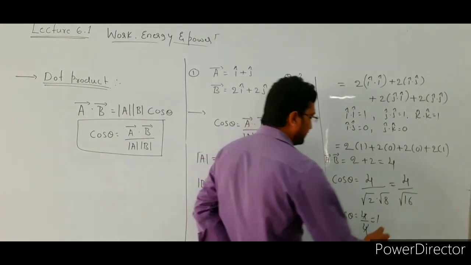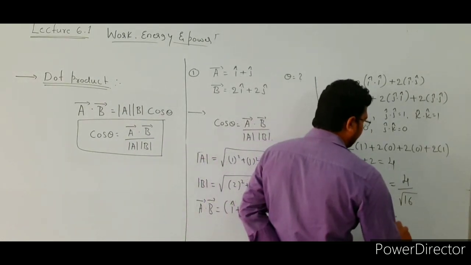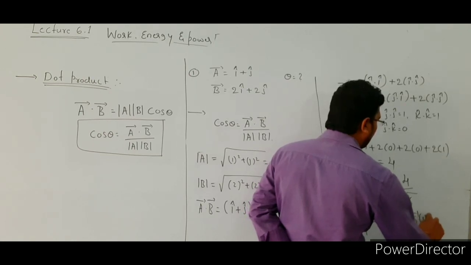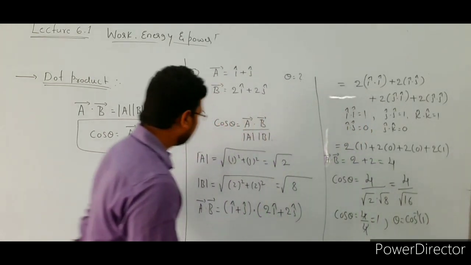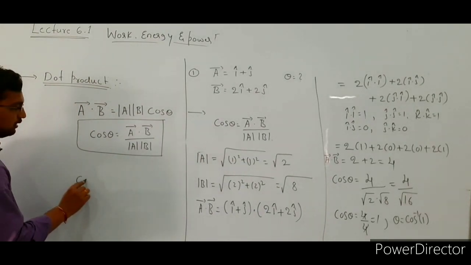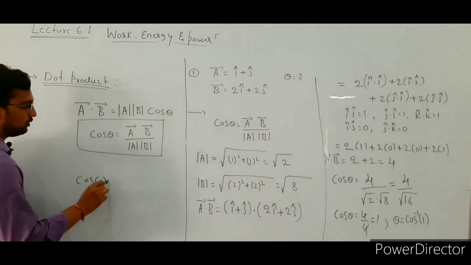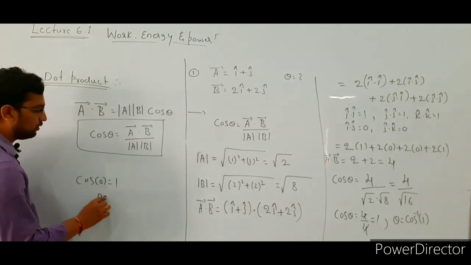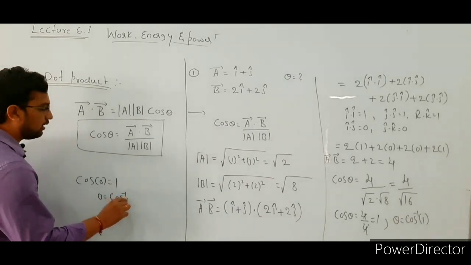Here the cos theta is equal to 1, then theta is equal to cos inverse of 1. See here, already we know that cos 0 is equal to 1. So 0 is equal to cos inverse of 1.